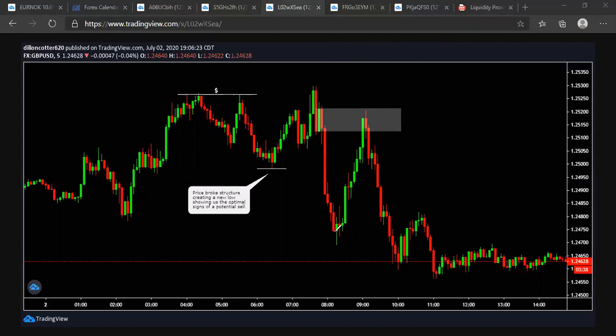So what I did, and what anyone else that trades this way should do, I guess I should say, is wait for this corrective move back into that area of manipulation. Then you can sell off. So yeah, I caught a really nice sell for 50 pips on GBP USD yesterday, just like this.